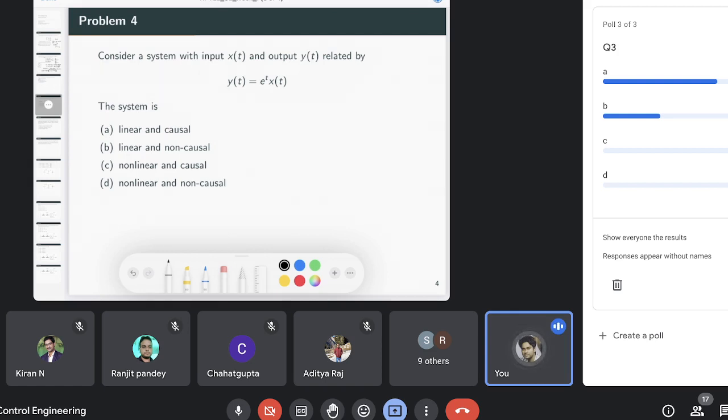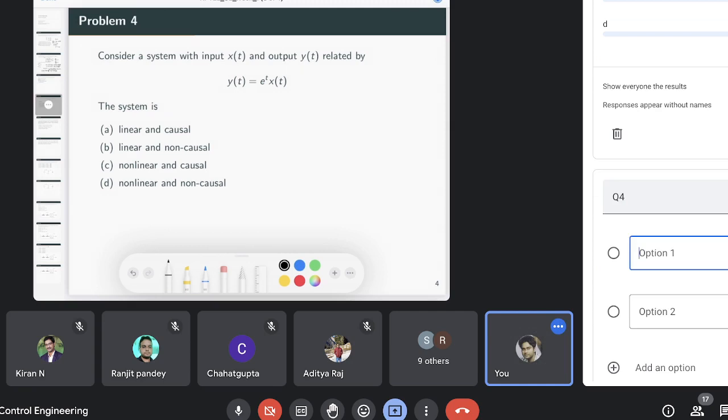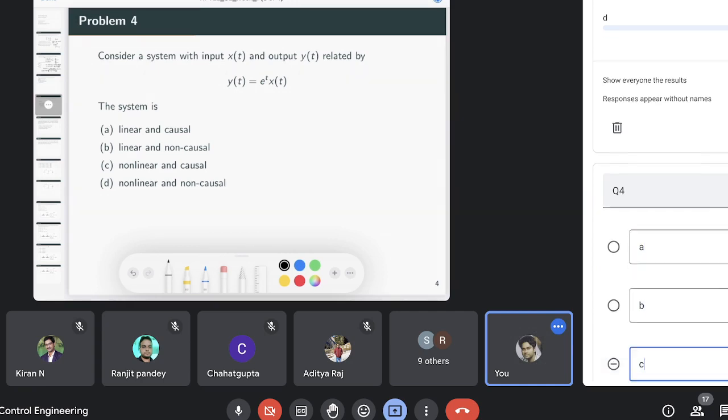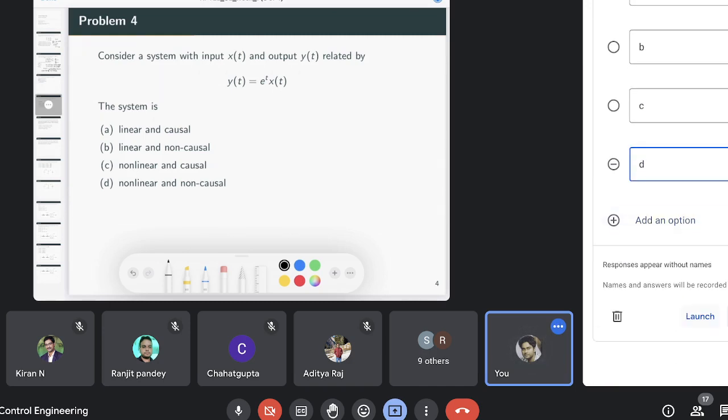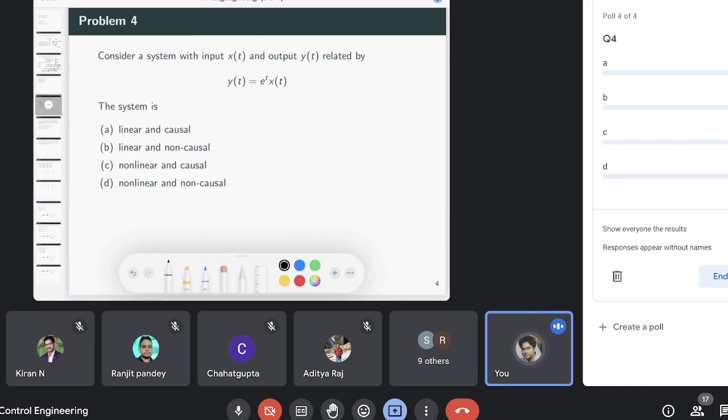You have to find what type of system this is, using all these classifications, and in what category it falls. I'll start one poll for this question. You can see your poll for question number 4, so you can answer.